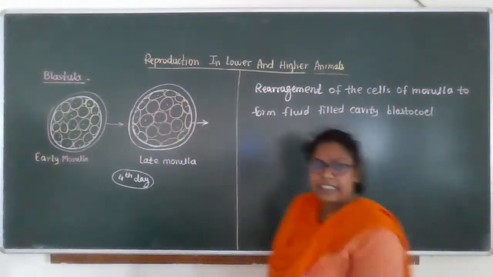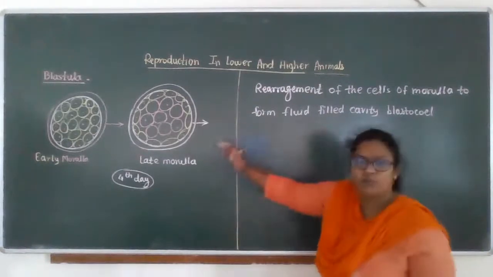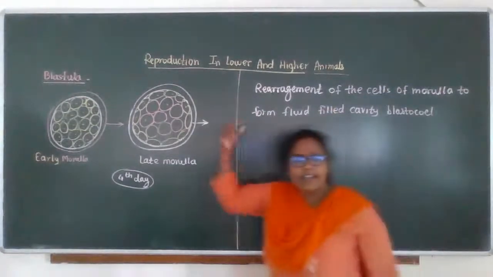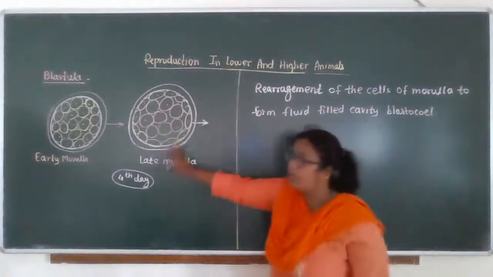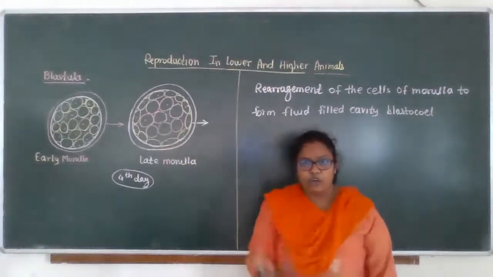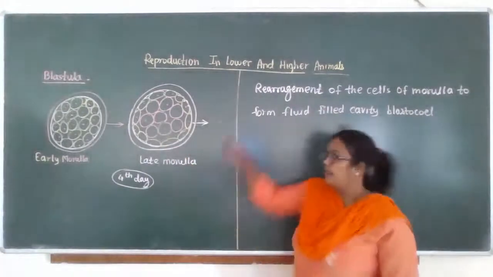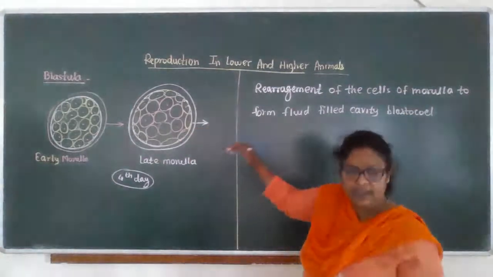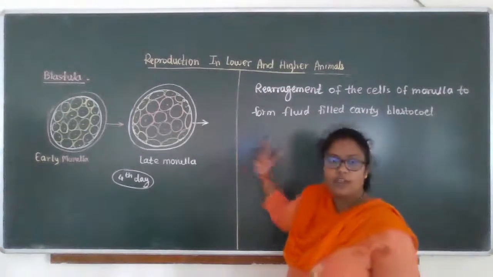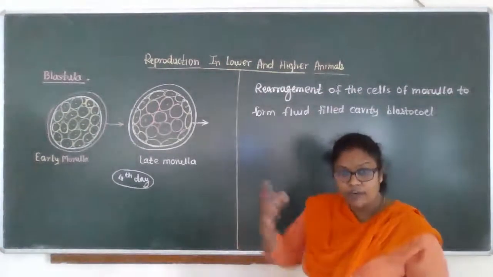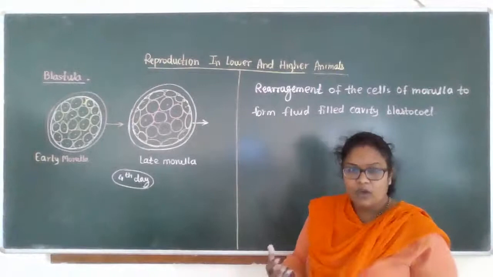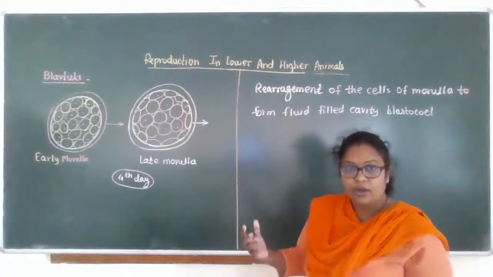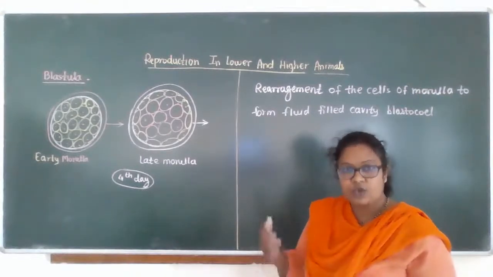So what is the definition? Concentrate on this diagram. The definition says that it is the rearrangement of the cells of morula to form a fluid-filled cavity, which is called a blastula, or the formation of a blastocyst.